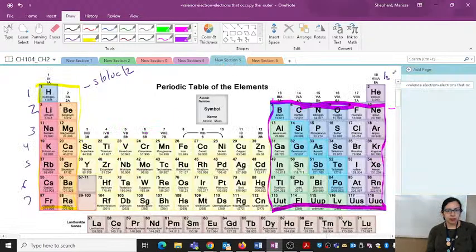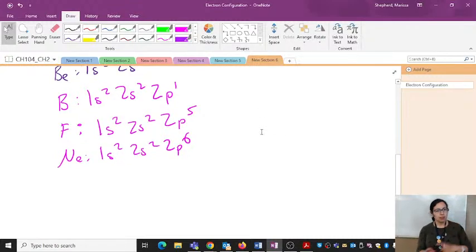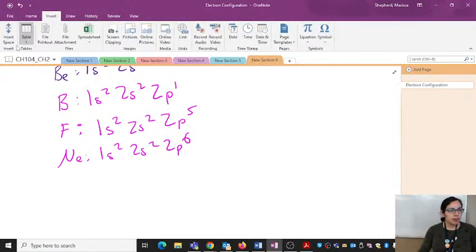And then let's just finish up. Looking at neon, of course neon would have 1s2, 2s2, 2p6. Let's take a look at neon for a second.